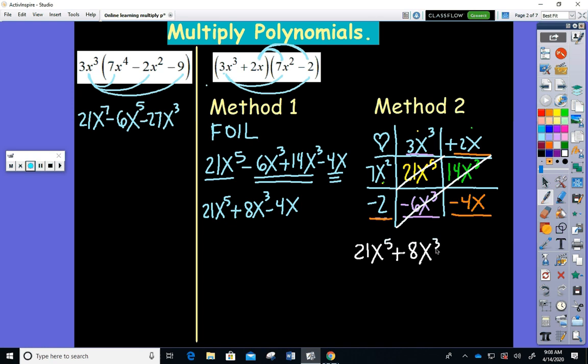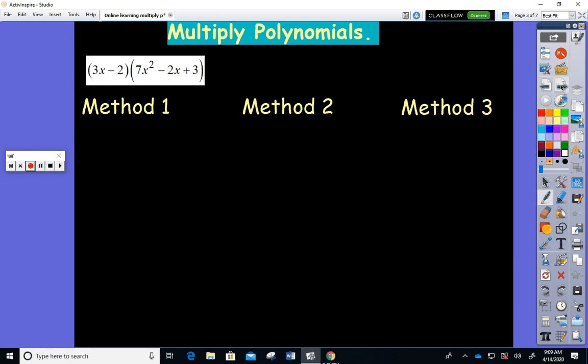And then on the third diagonal, I've got minus 4x. Okay, and that'll help you combine like terms. So like terms will be on a common diagonal. So the box method is good, especially when we get into the bigger problems, and I wouldn't necessarily use it on a regular basis, but it might be good to get you going so you see process, and then you'll probably refine to one of the other methods that's not box method.